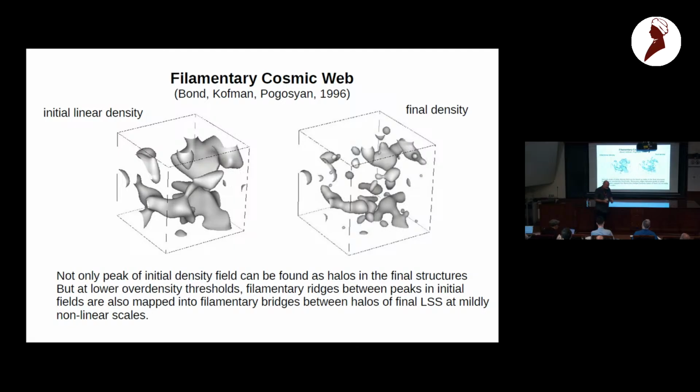So filaments are, at a given scale, a transient phenomenon. They exist in the final matter distribution only when the scale at which they are defined is mildly nonlinear. If you go further, the scale becomes further and further nonlinear, and filamentary structure basically hierarchically propagates to a larger scale.